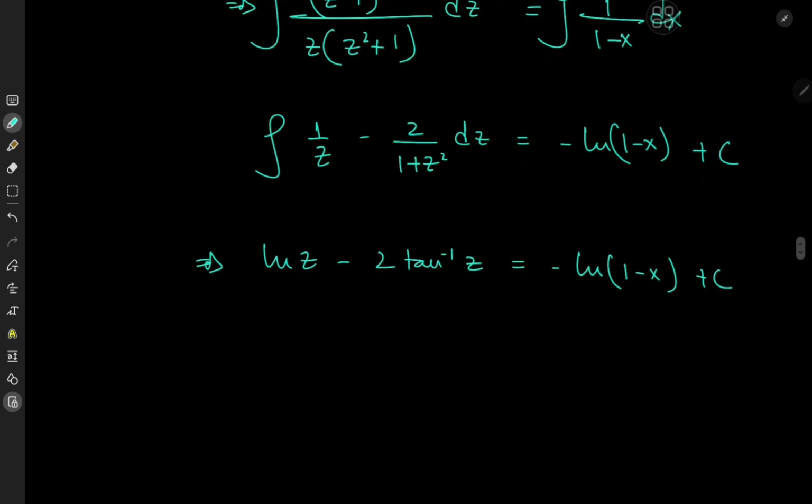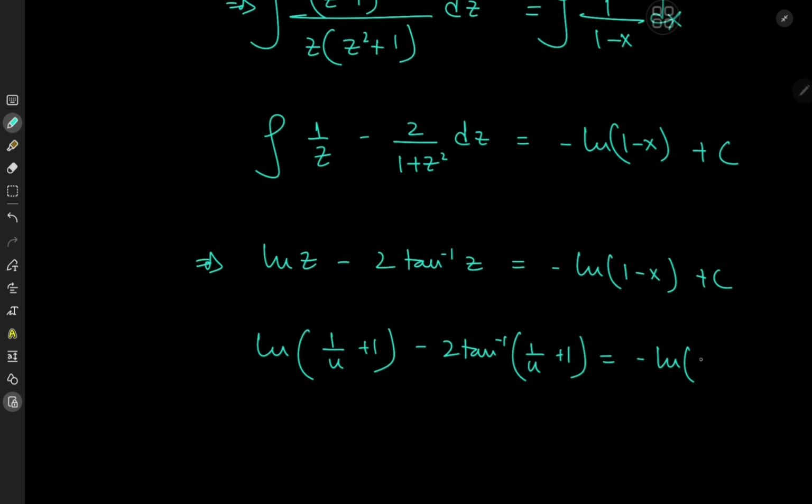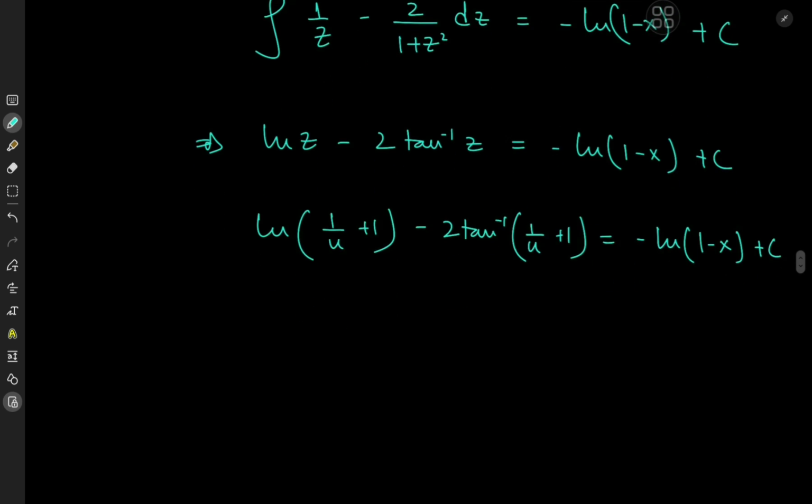Now, what exactly was the z variable? Well, z was equal to 1 by u plus 1. So we have this thing now, 1 by u plus 1, and this equals negative log 1 minus x plus c. So we're trying to work our way back to an equation involving only the x and y terms. Now, what exactly was u equal to?